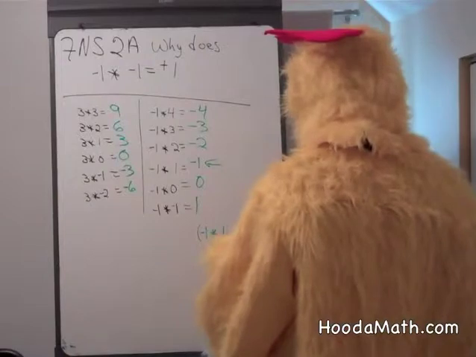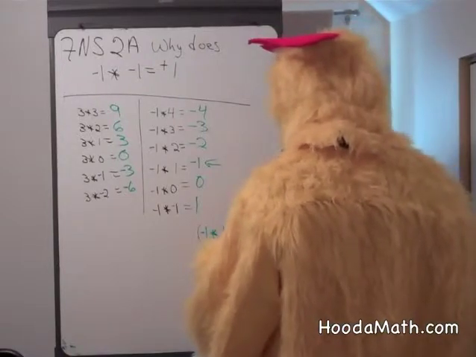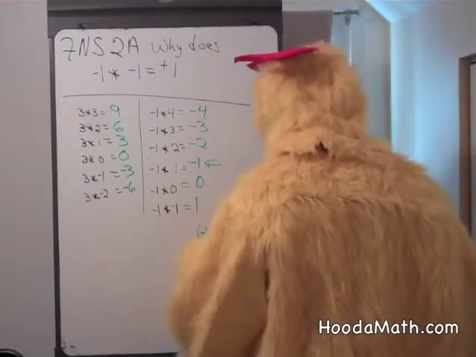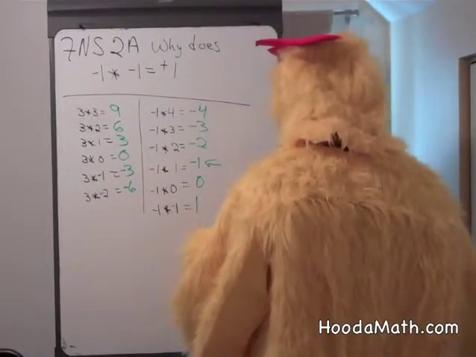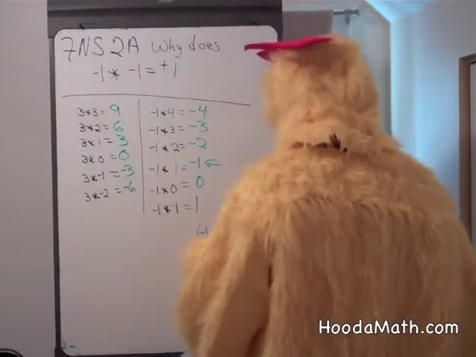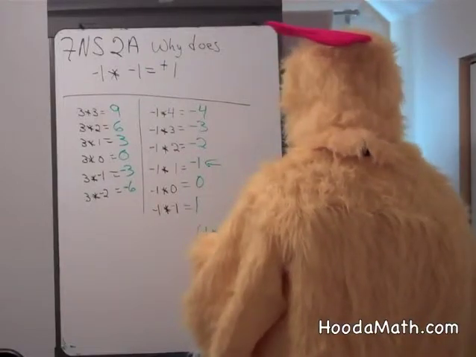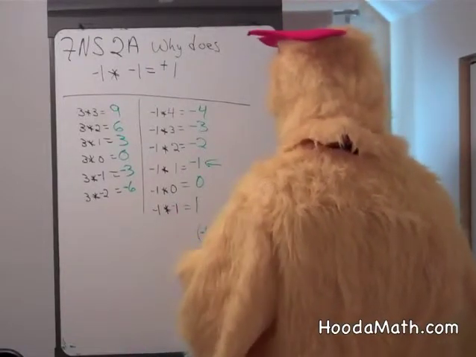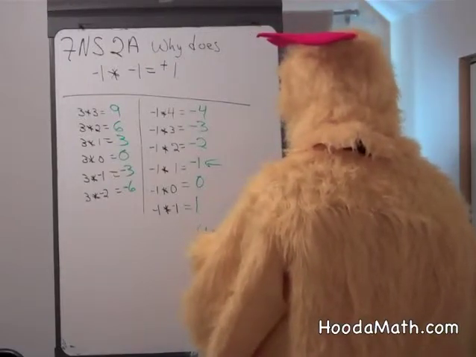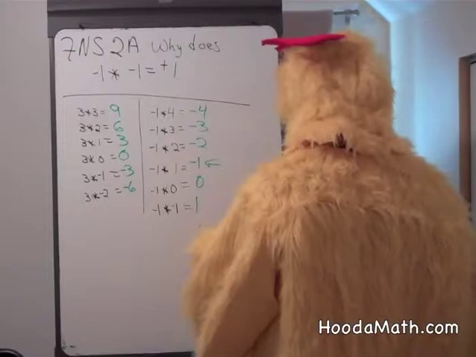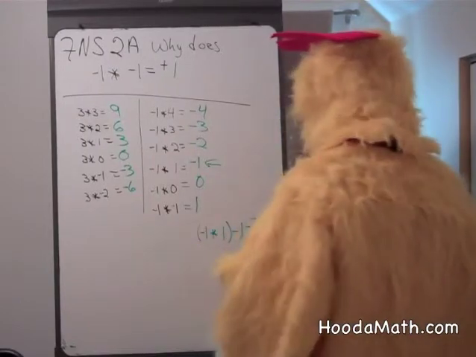So we're going to multiply this by the opposite of 1, which is -1. Because -1 times 1 is -1. So 1 times -1 we know is -1. The opposite of -1 is +1.